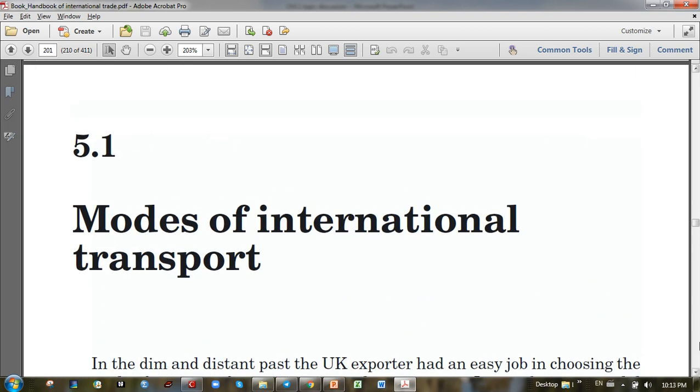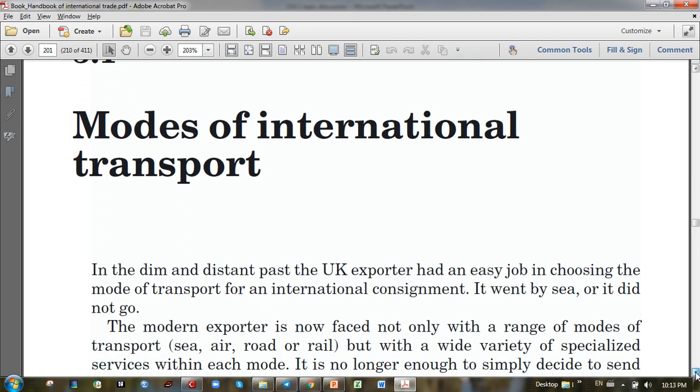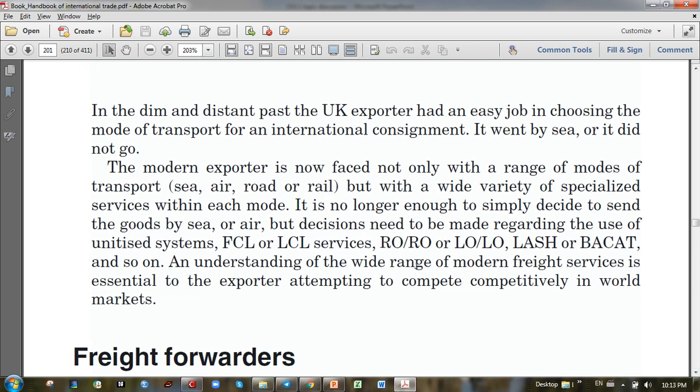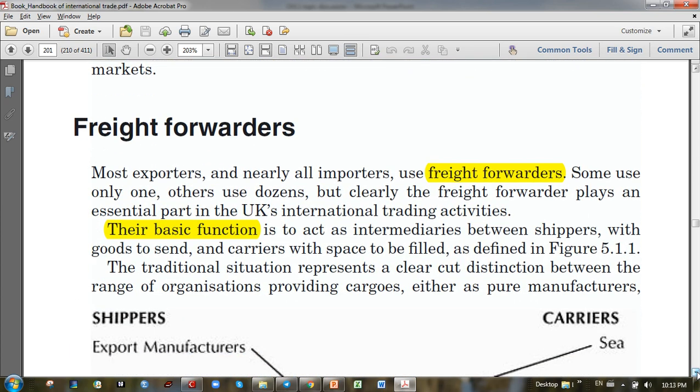Modes of international transport. First, the author talks about the UK, and then freight forwarders. The author does not clearly mention the definition or meaning of freight forwarders, but you can find it from other sources.